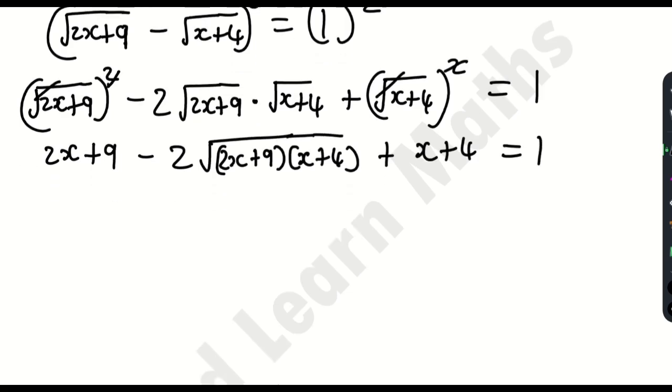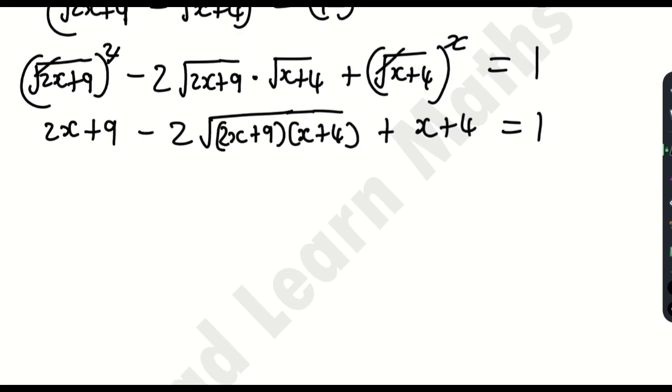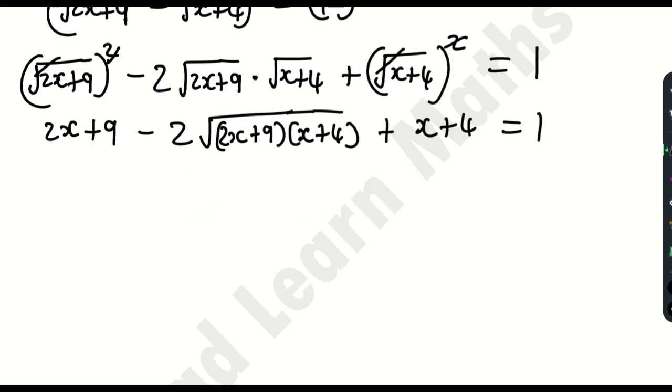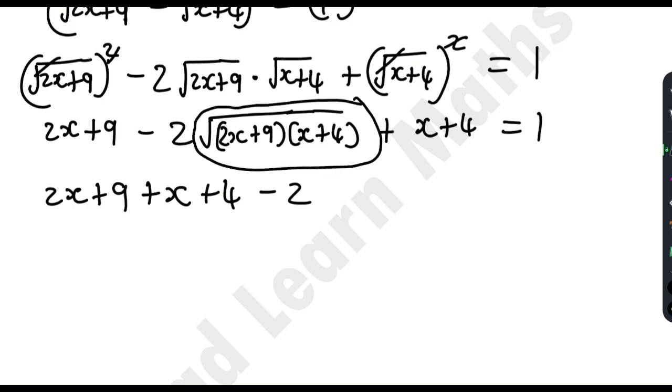Okay, so let's simplify this. Let's do the simplification. I'm going to just rearrange the terms over here. So let's quickly do that. That will be 2x plus 9, plus x plus 4, and then you have minus 2. But let's simplify what we have in the bracket.